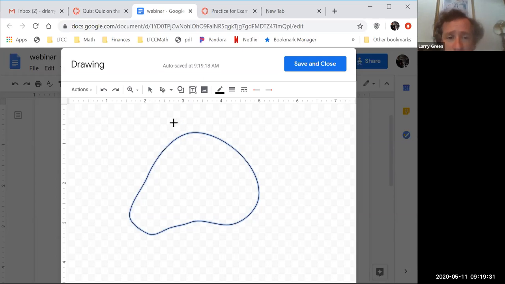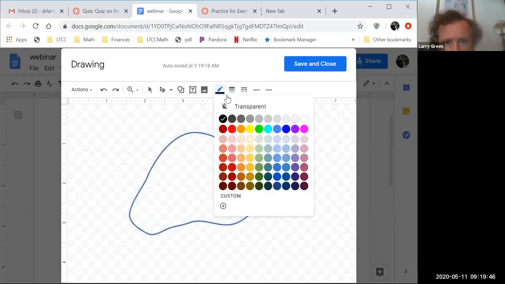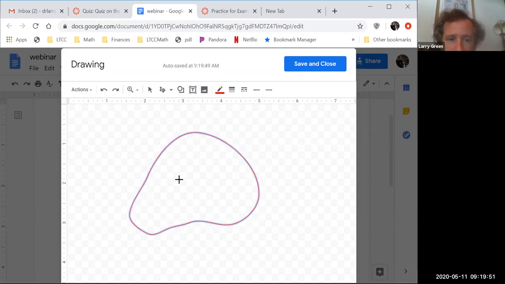And your function, a lot of times you want to think about the function, especially if you're going to be drawing it in 2 dimensions, is we'll draw the level curves. So let's do level curves for the function. And let's do that in red. And the level curves might look something like this.